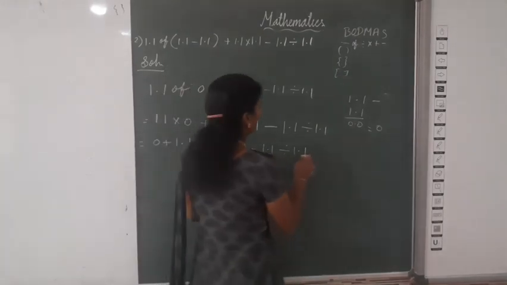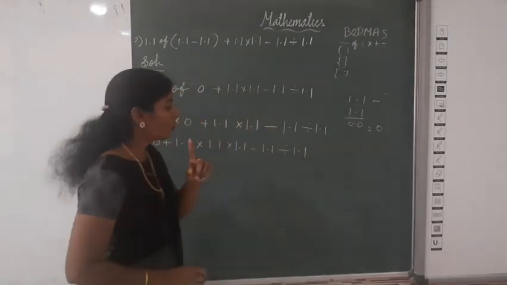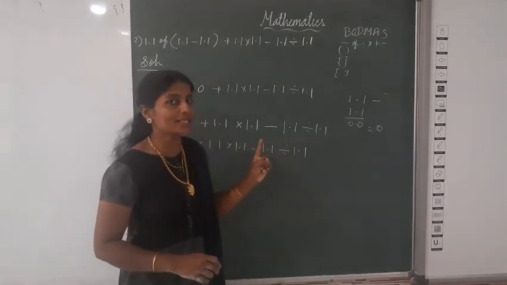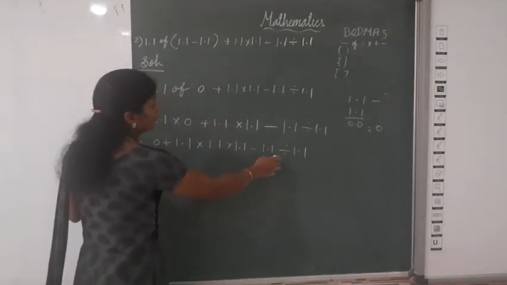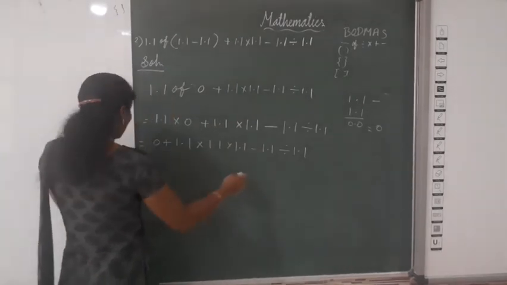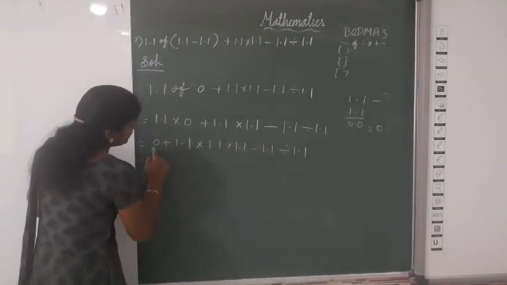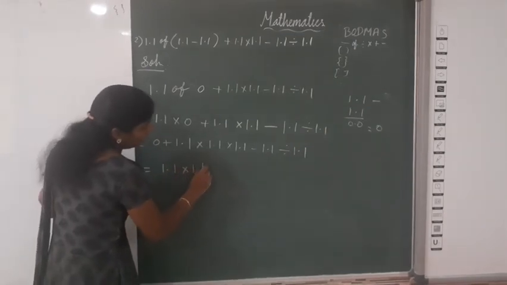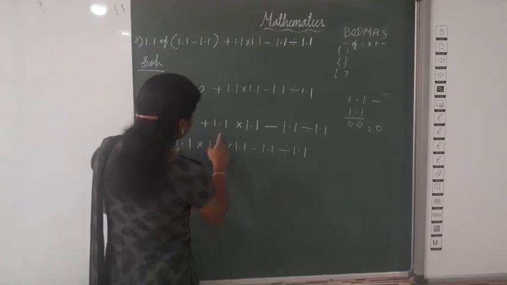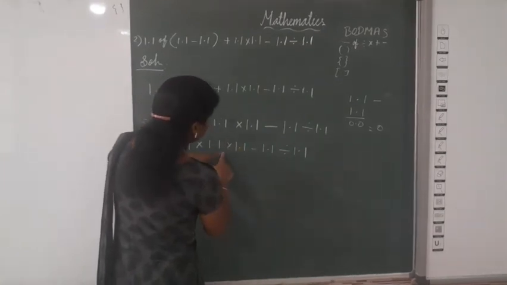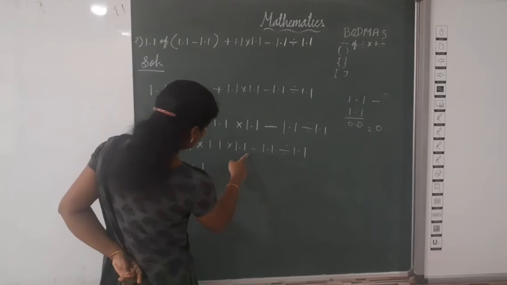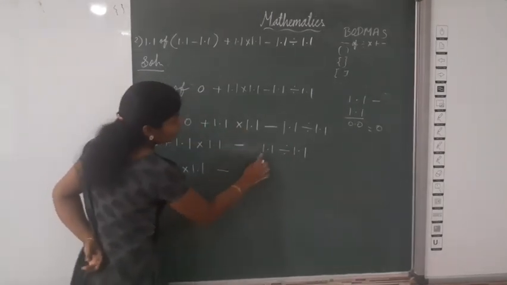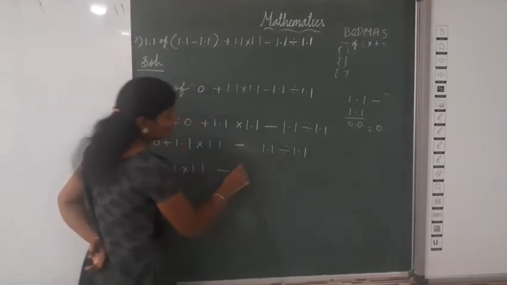Here 1.1 divided by 1.1 is equal to 1. So 0 plus 1.1 into 1.1 minus 1.